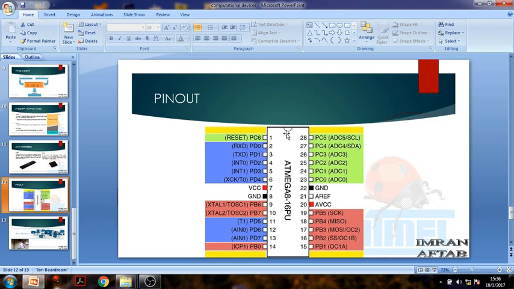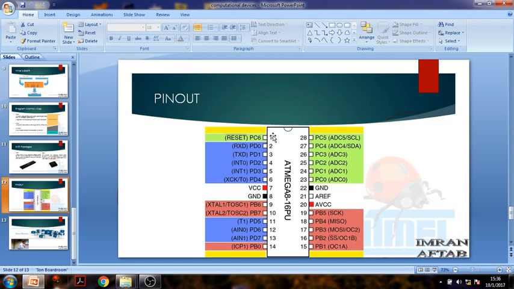Here, you can see a small semicircle. If you see a real microcontroller, you will get this symbol, a small semicircle. This denotes the upper side of your microcontroller, and we count the pins from the left side of this semicircle.